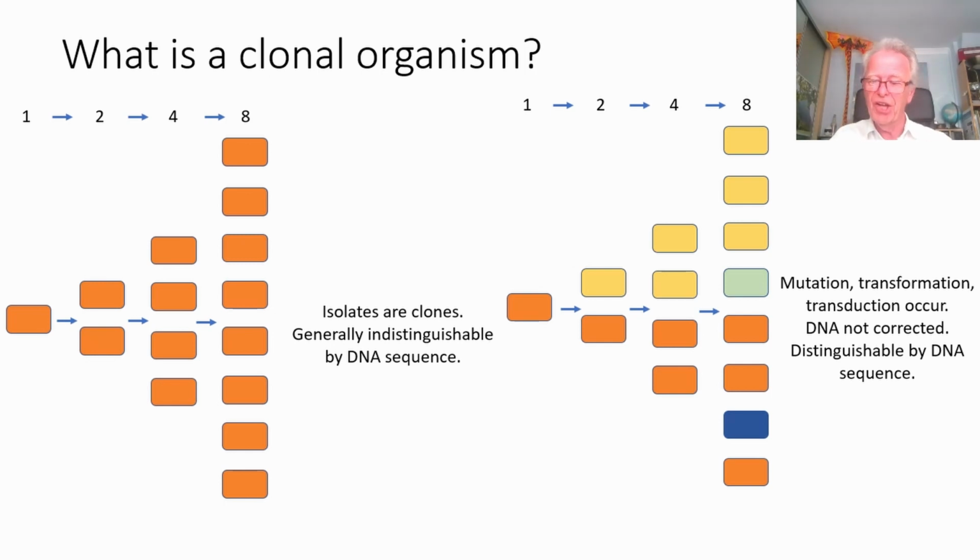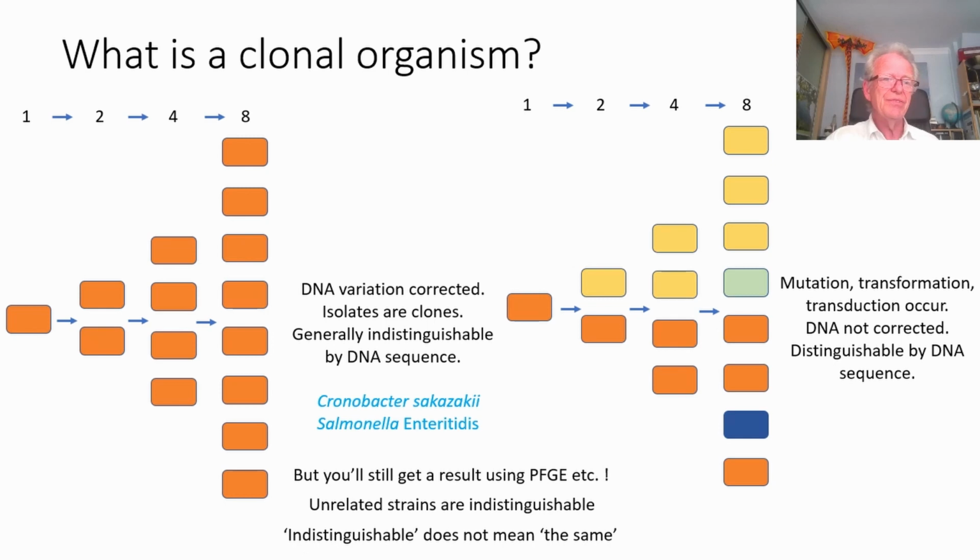Textbooks give a straightforward story most often. In actual fact, there are organisms, such as Cronobacter sakazakii and Salmonella enteritidis, not Typhimurium, but Salmonella enteritidis, which are clonal, where the recombination events occur such that it may only recombine with its own sequence type, or it's corrected in some way.